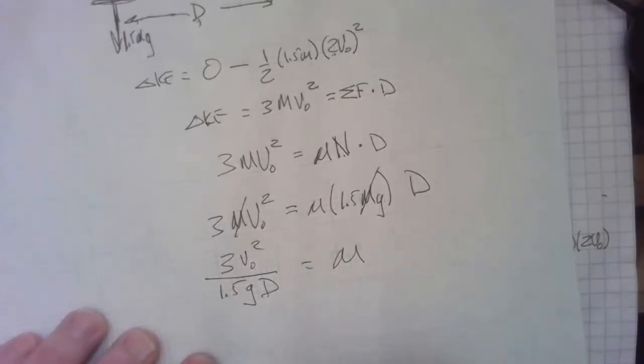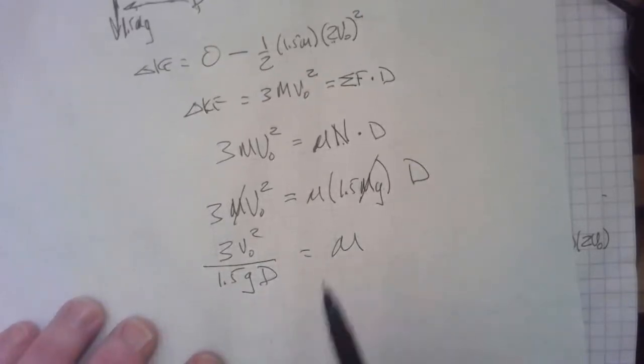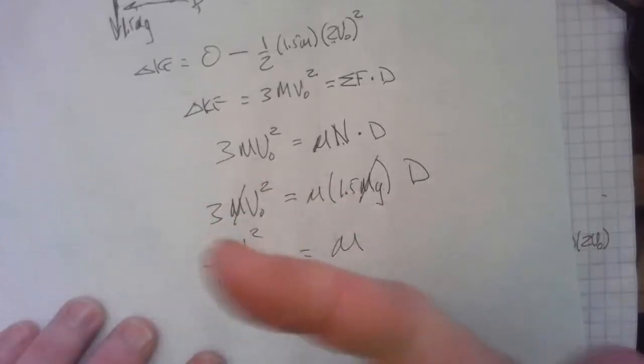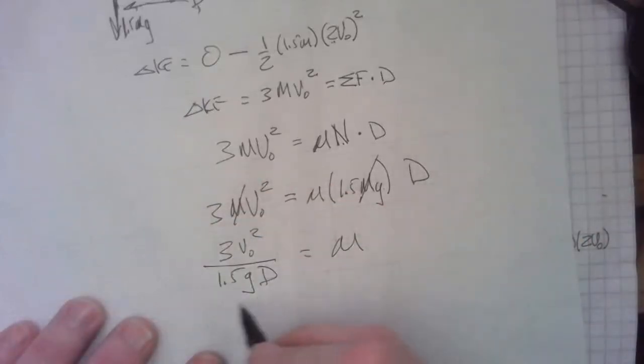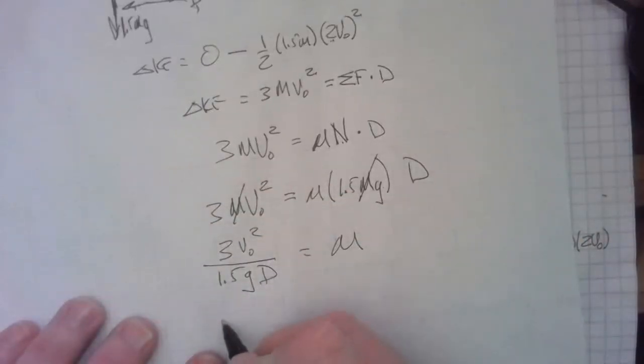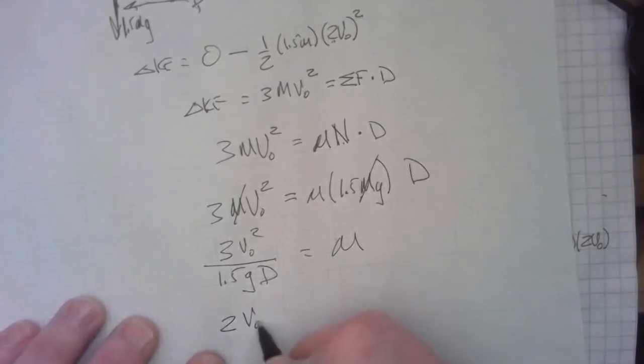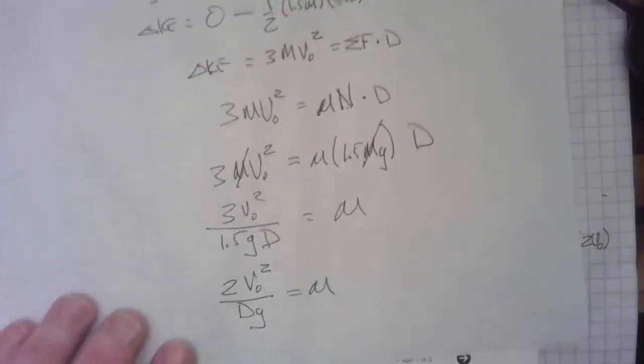So just be careful about being too eager. It could be not only a waste of time, if you make a mistake, it could kill a point. We'll look and see what points come with this one. So this would be, just to clean it up, 2VO squared over dg would be mu.